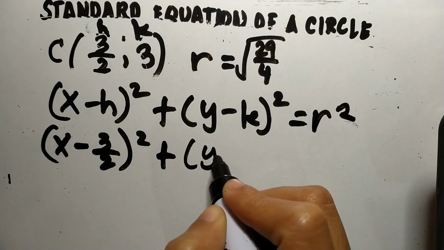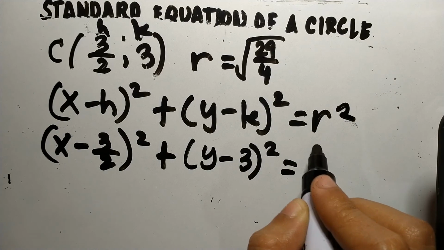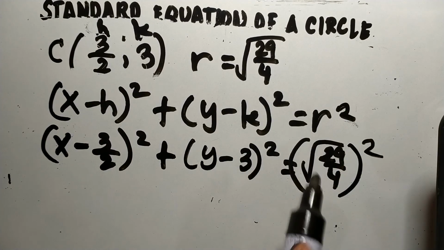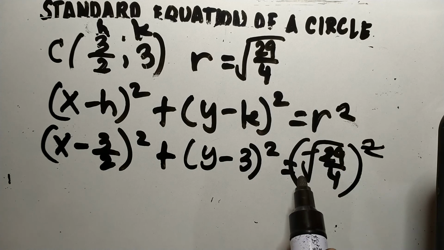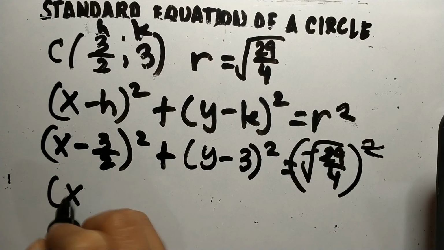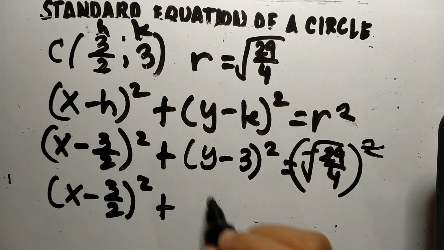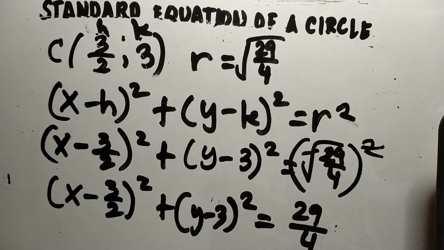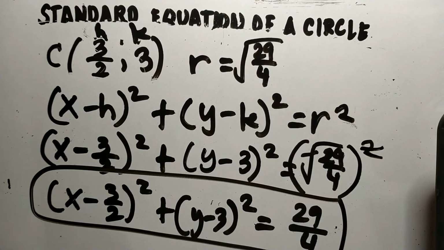Then, y minus 3 equals square root of 29/4. Then, ito times natin. Since itong square root at itong squared ay makakancel out kasi magiging 2/2 na exponent yan. So, we will be left with the quantity x minus 3/2 squared plus the quantity y minus 3 squared equals 29/4. And ito yung standard equation ni item number 8.